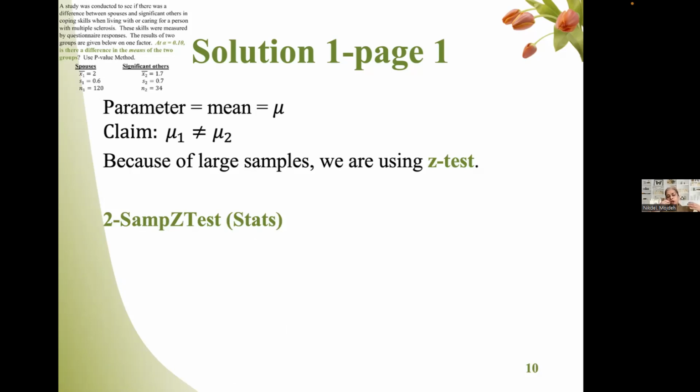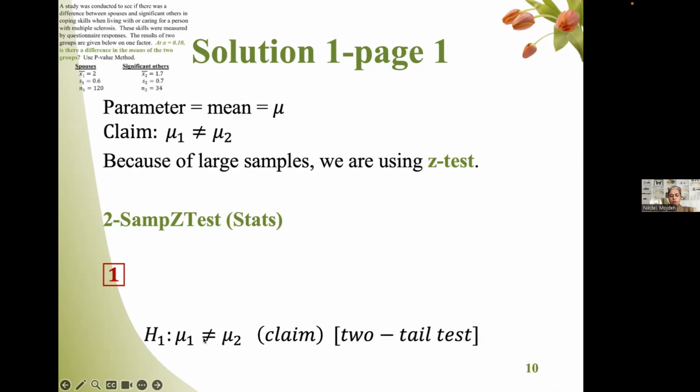Now, before I continue, I have to write my step 1. In step 1, I have H0 and H1. H0 colon, below it H1 colon. Where do we put our claim? Do we put it with H0 or H1? Since my sentence doesn't have an equal sign, my claim goes with H1.